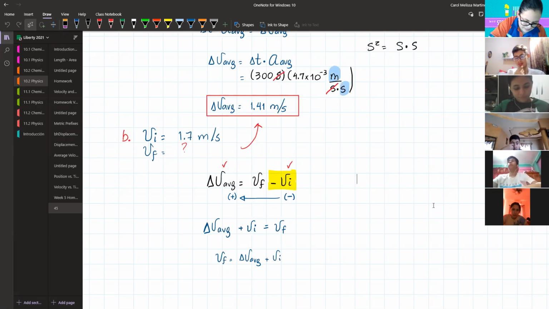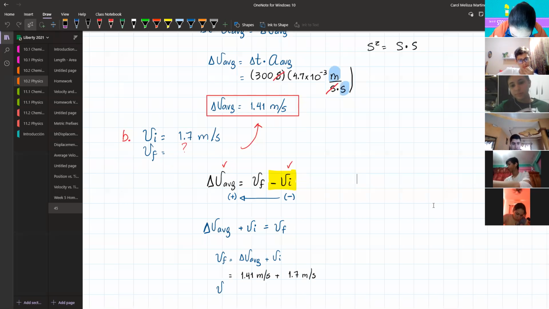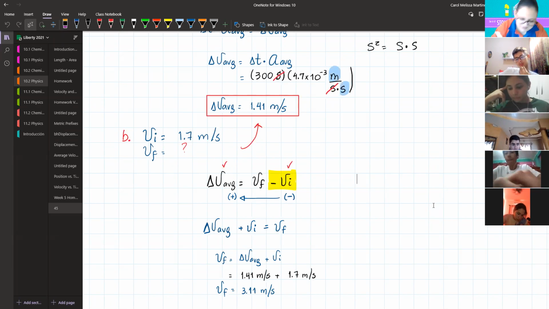I just plug in the givens, and I know that this is 1.41 meters per second plus initial velocity, that is 1.7 meters per second. In total, I have 3.11 meters per second.